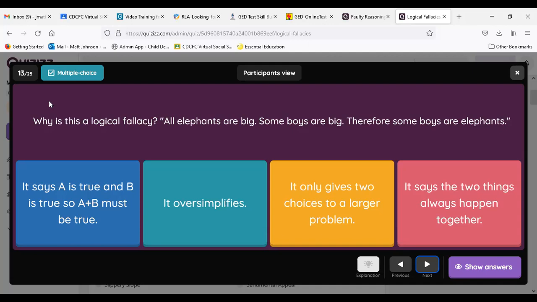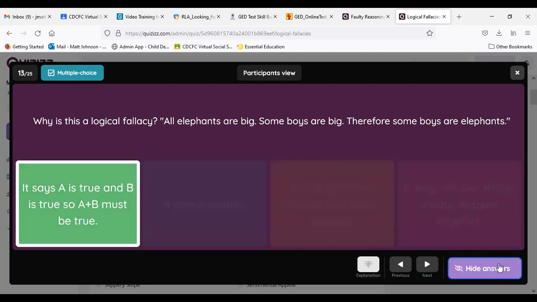I'm a little curious too. See, I was a little concerned about that because it's not necessarily true that all elephants are big. So A is true, some boys are big, and B is true, so A plus B must be true.